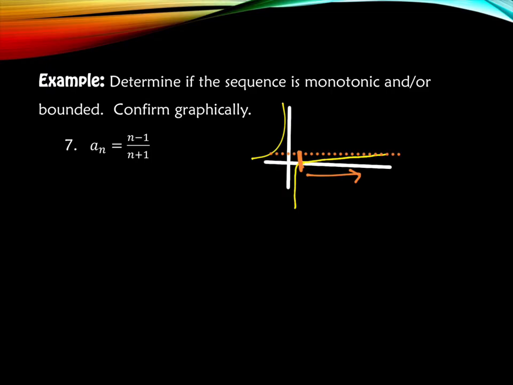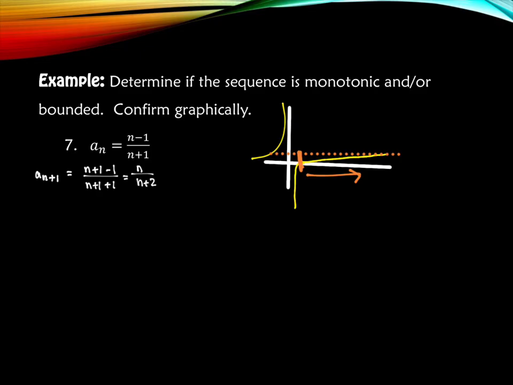So having sort of a perspective from the graph of what we're aiming toward can sometimes be helpful. Let me show you how we justify this. We're going to take a look at what happens at n plus 1. So if I put in n plus 1 here, I get n over n plus 2.